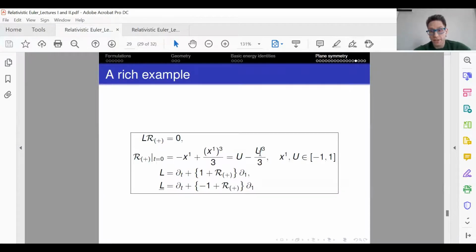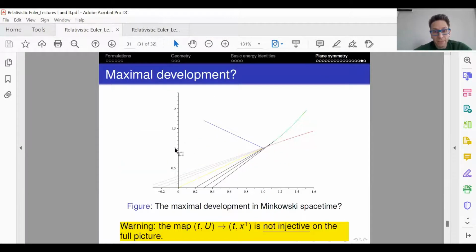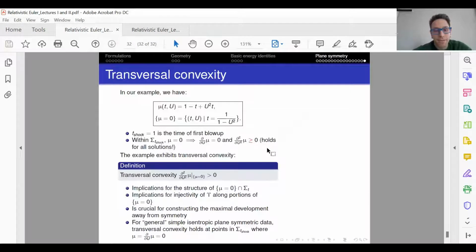You can cook up initial data easily where at the first blow up time, the set of points where mu vanishes is not isolated. It's not a single point. It could be a line. It could be an interval. It could be a whole bunch of intervals.